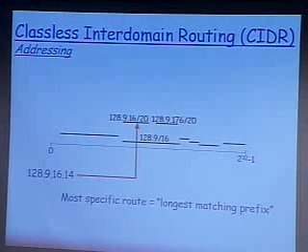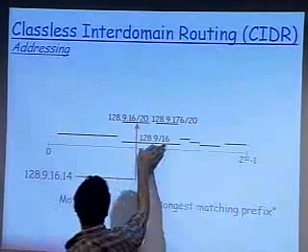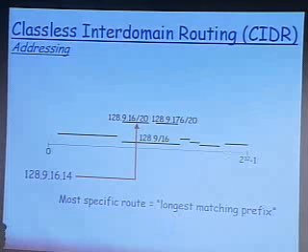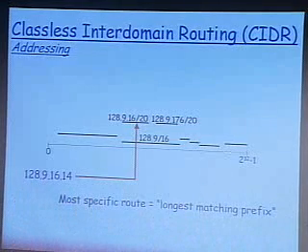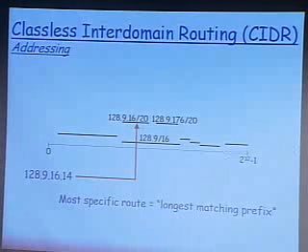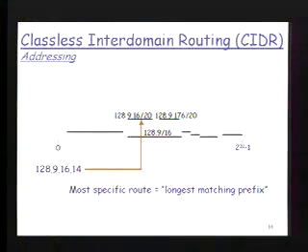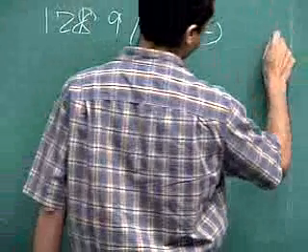So again, think of this as, let's say, 128.9/16 is assigned to Goldman Sachs.